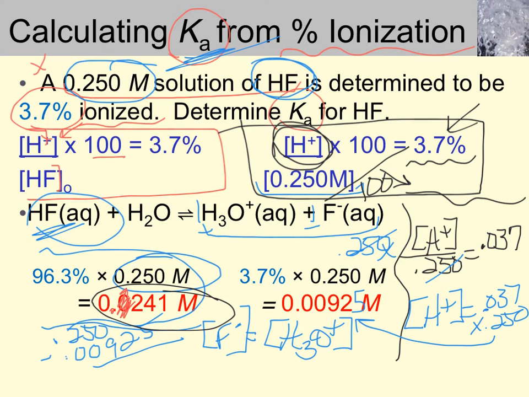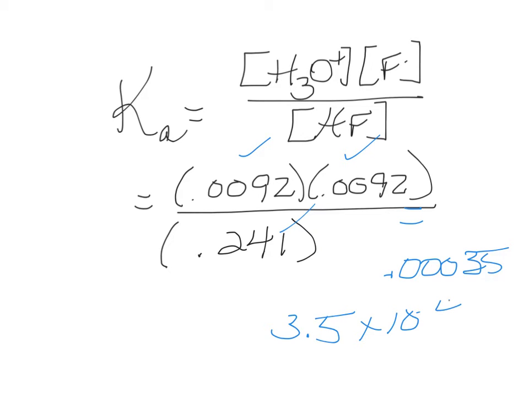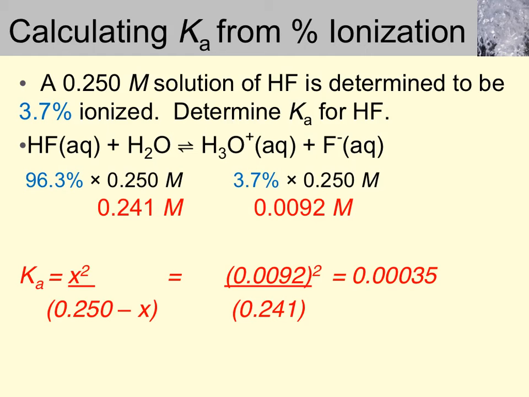So the equilibrium concentration of hydrofluoric acid is 0.241 molar. And so when we plug in all these values, we get that the Ka value is 0.00035, okay, or 3.5 times 10 to the minus 4. Remember that K equilibrium values are unitless.